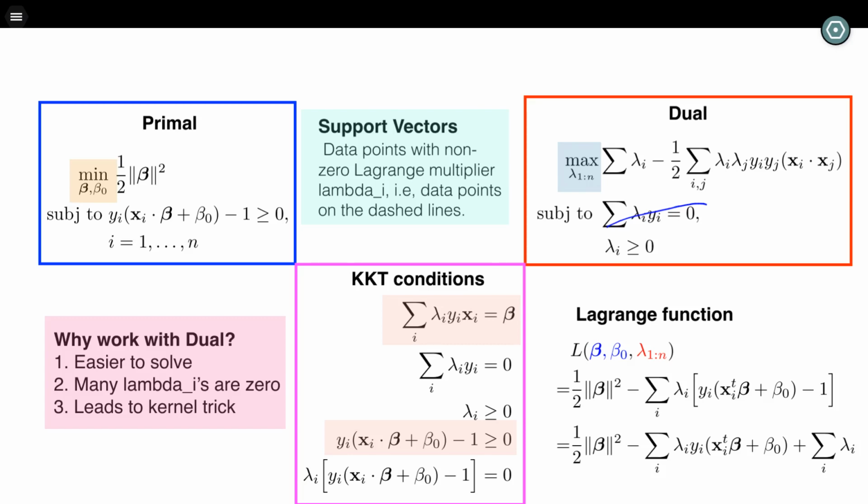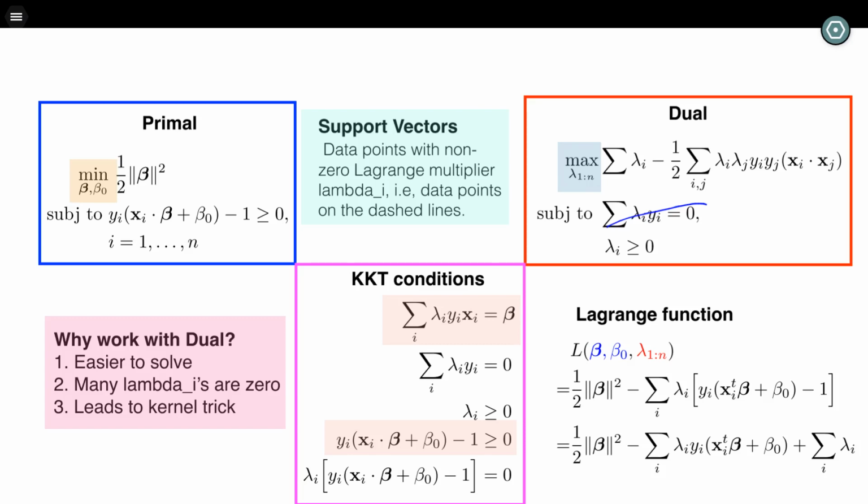Because your beta is equal to the sum over i in the support vectors of lambda i, yi, xi, where xi is p by 1, and lambda i and yi are scalars. Okay, so it is sparse because only a few of the lambdas are non-zero. And I will talk about why this is relevant to the kernel trick later.